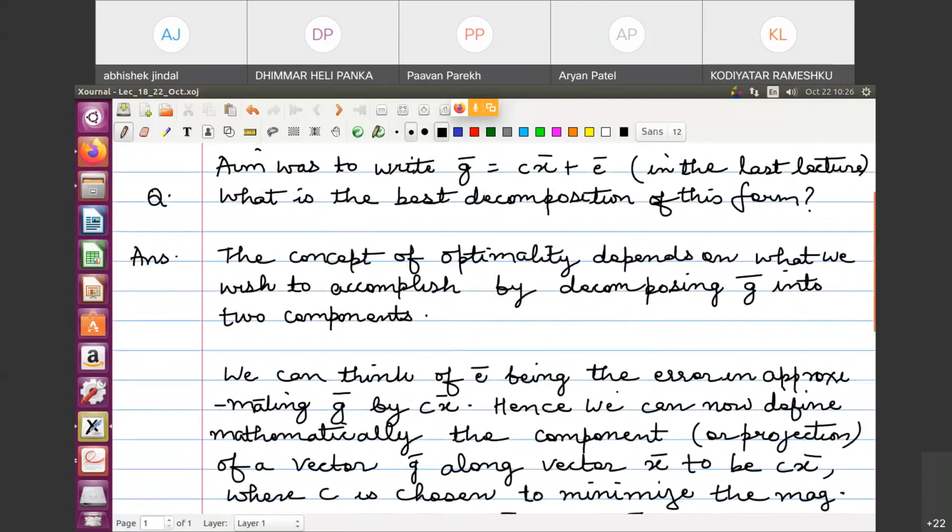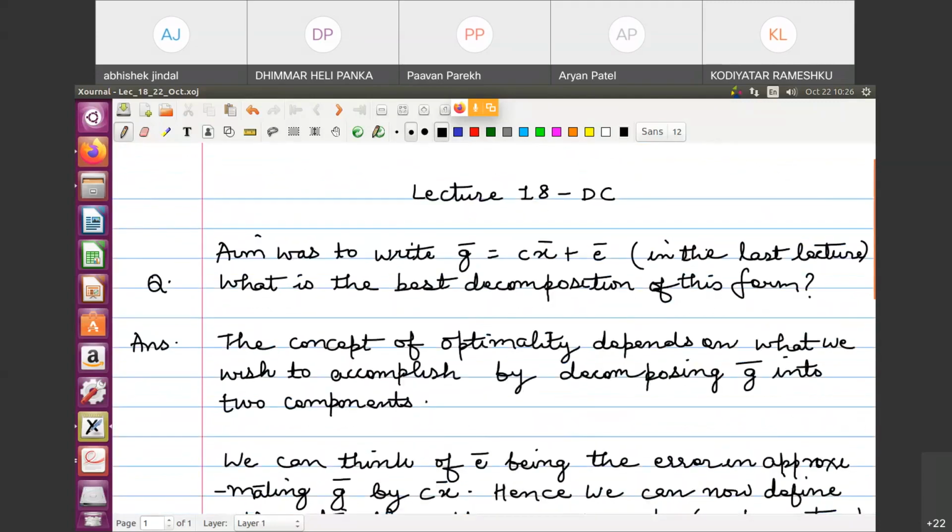So this is what we wanted around the concept of projection: we are approximating one vector in terms of another vector in such a way that the error in approximation should be minimum.